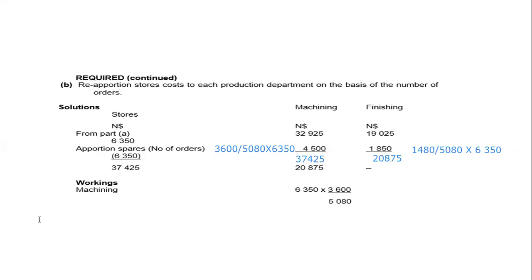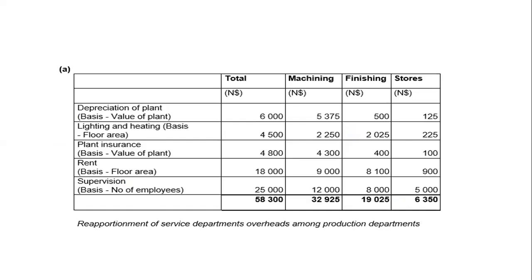Okay, so just to emphasize on the apportionment of overheads: how do we apportion overheads? Apportionment of overheads means sharing overheads between two different departments, normally between production departments and the service department. What we have to do first is to apportion for the departments.